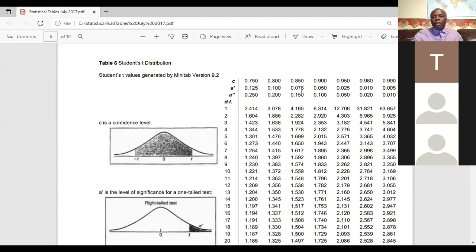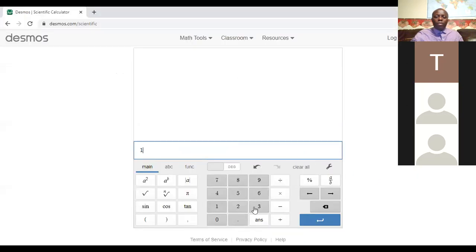For this one, you have 0.075. Let me check it. 1 minus 0.075 will give us how confident you are. So you're 92.5% confident for that.